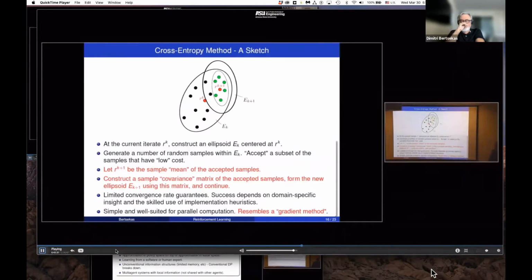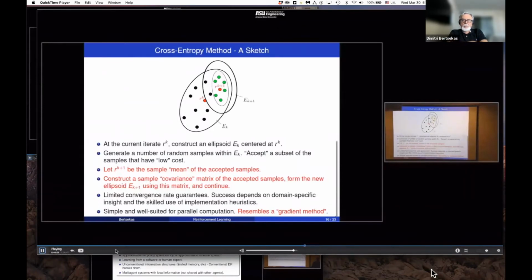And there's an interesting point of view here. This method resembles the gradient type of methods that we have been discussing. Why does it look like a gradient method? What is common with gradient methods? Well, what do gradient methods do? Yeah, it's looking for better points.